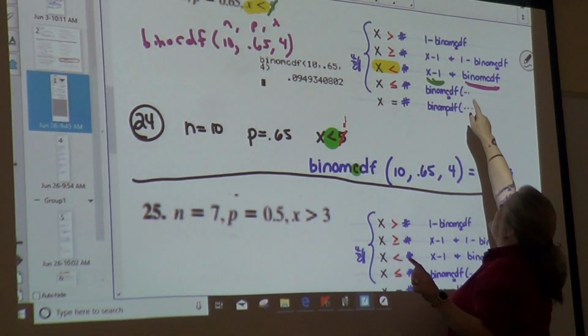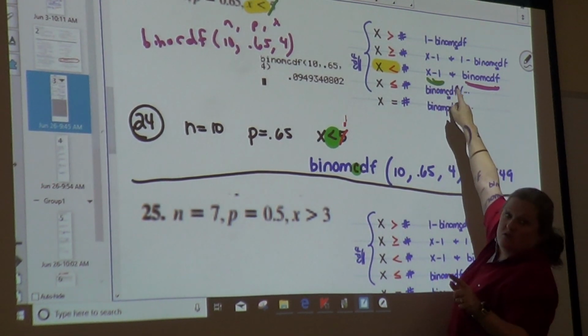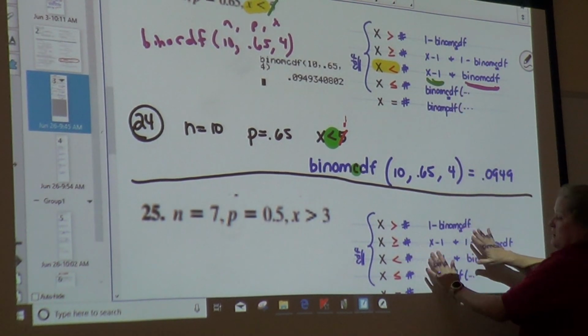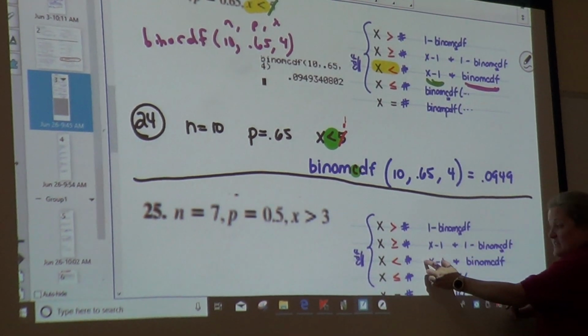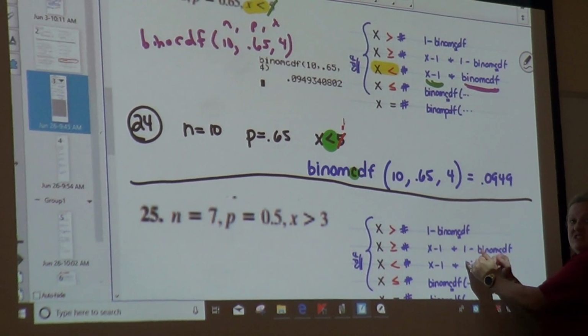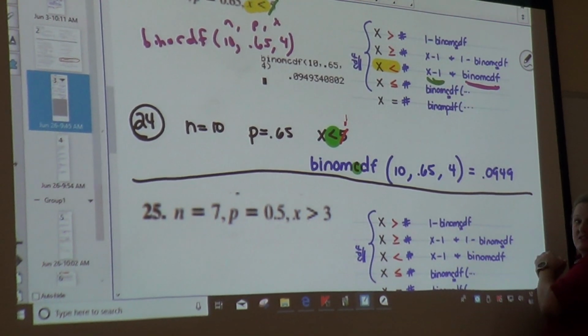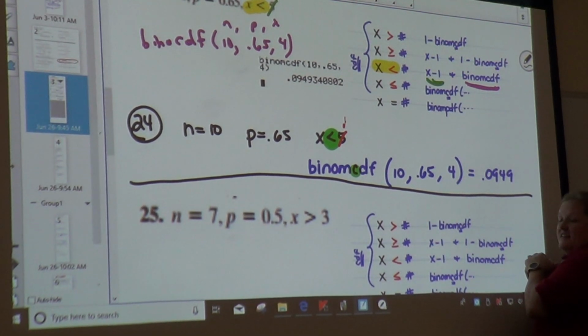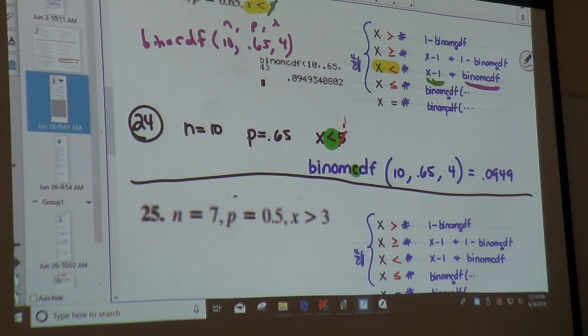Right, the 1 minus is those first two. The one that we just did, you take 1 off the X, and then the other half is just to do the binomial. I got it.